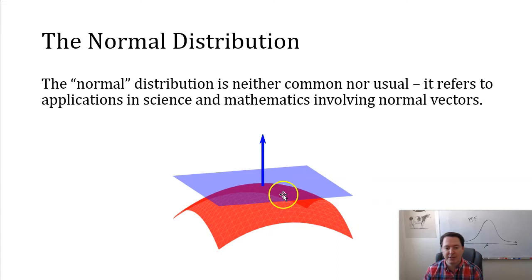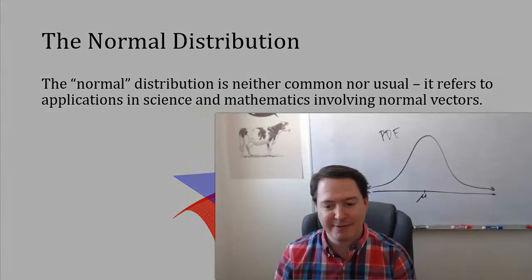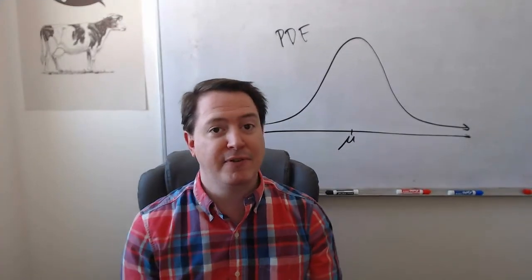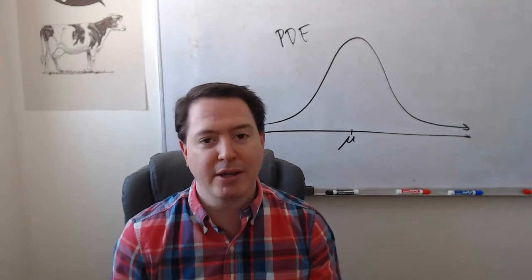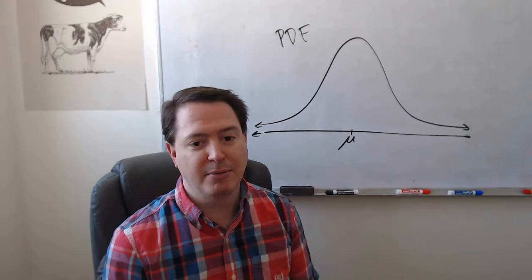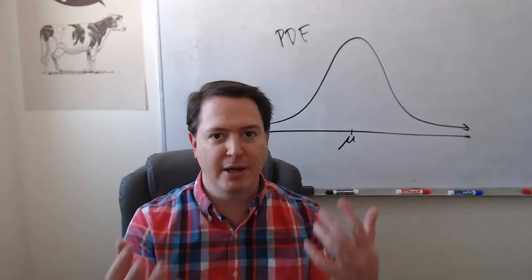It has to do with this mathematical physics kind of idea of a perpendicular arrow away from a curved surface. It's for some very common applications in physics and mathematics. We want to use these normal vectors all the time, and it actually gives rise to something like this as you look closer to it in lots of applications.